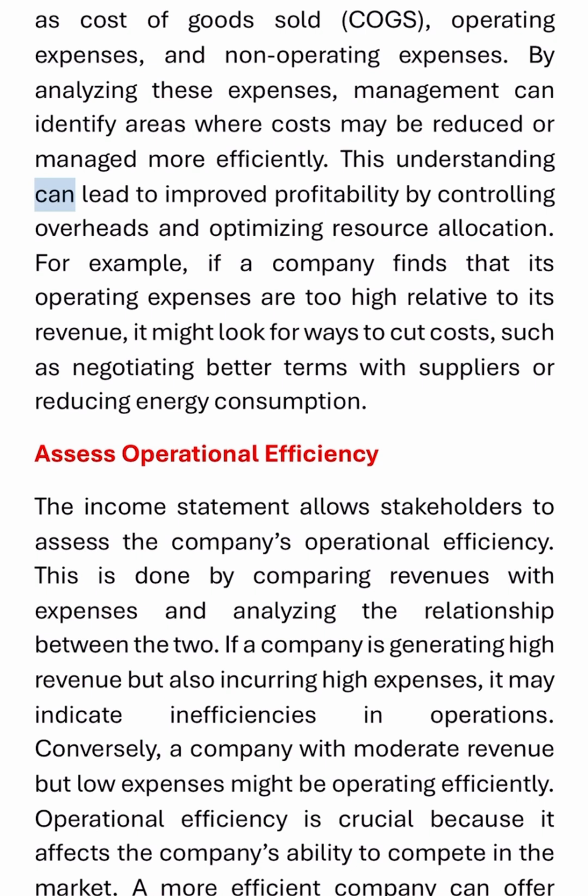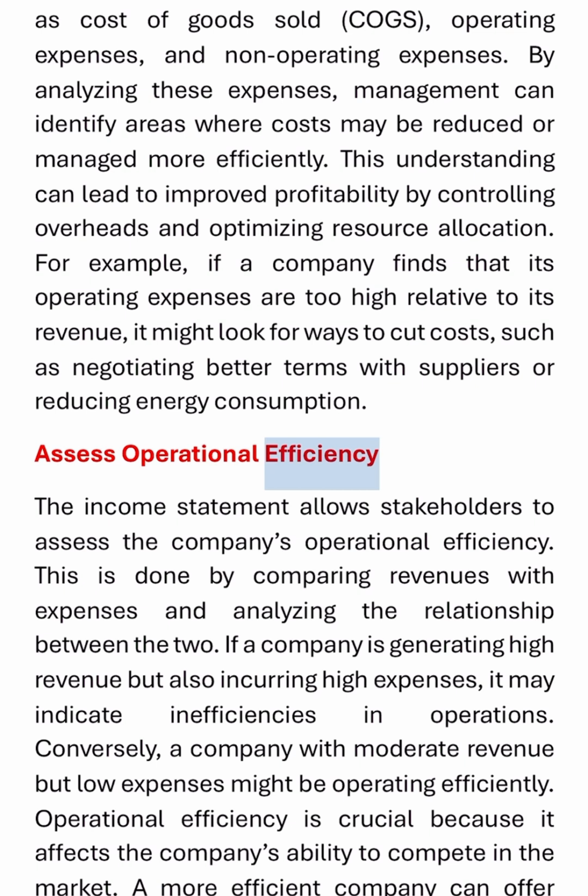This understanding can lead to improved profitability by controlling overheads and optimizing resource allocation. For example, if a company finds that its operating expenses are too high relative to its revenue, it might look for ways to cut costs, such as negotiating better terms with suppliers or reducing energy consumption.